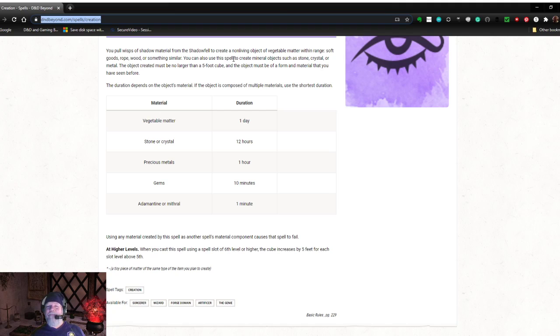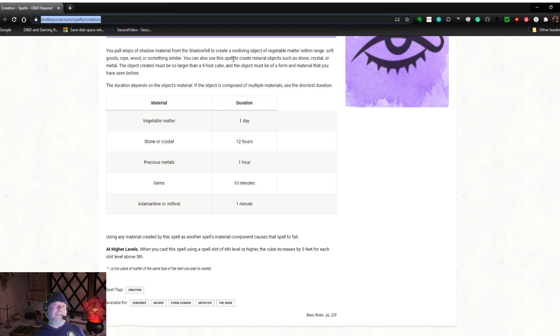I could see some practical uses for it, but you couldn't build anything with wood because the wood's just going to go away after a day. Not unless you're building something temporary, like maybe a ladder or something that you needed to climb out of something.